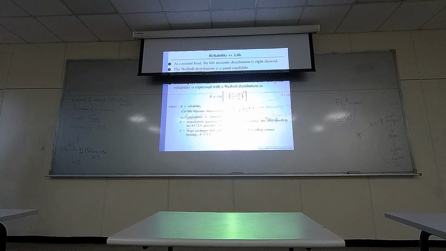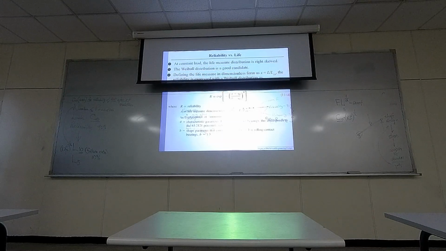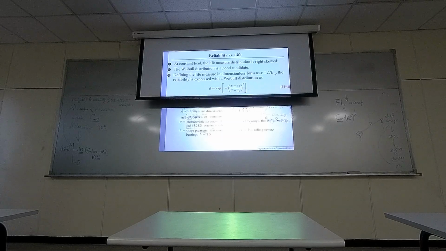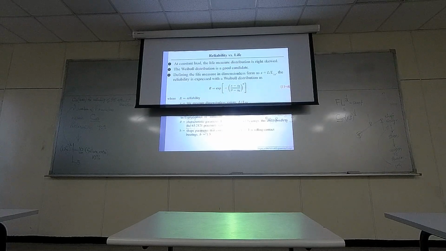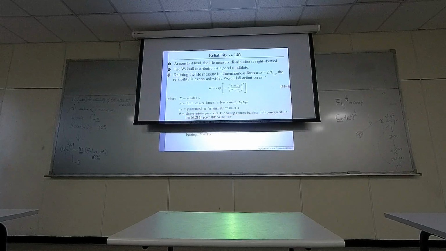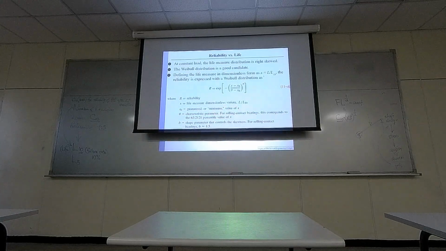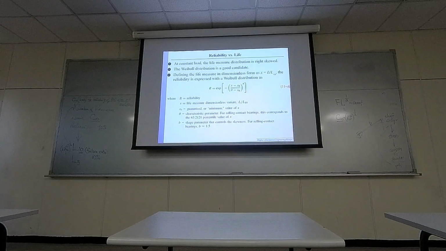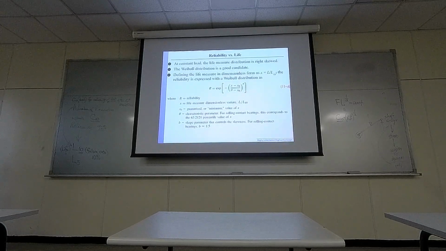So it's an exponential function. X right here is the normalized life. So it's the ratio of your current life and the life for 90%.